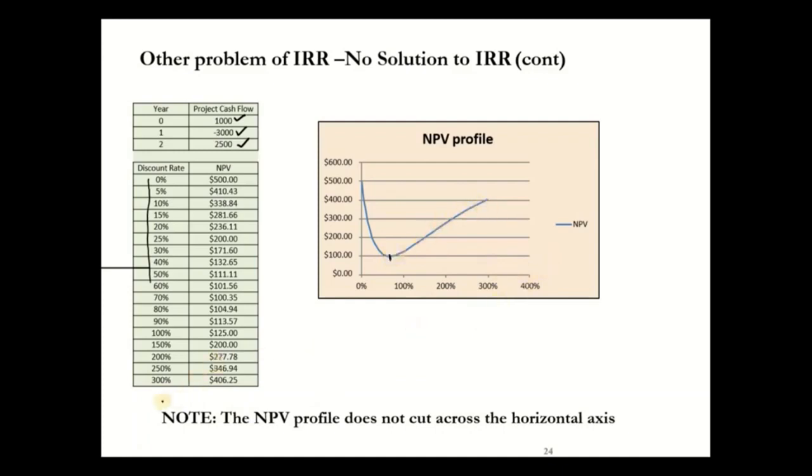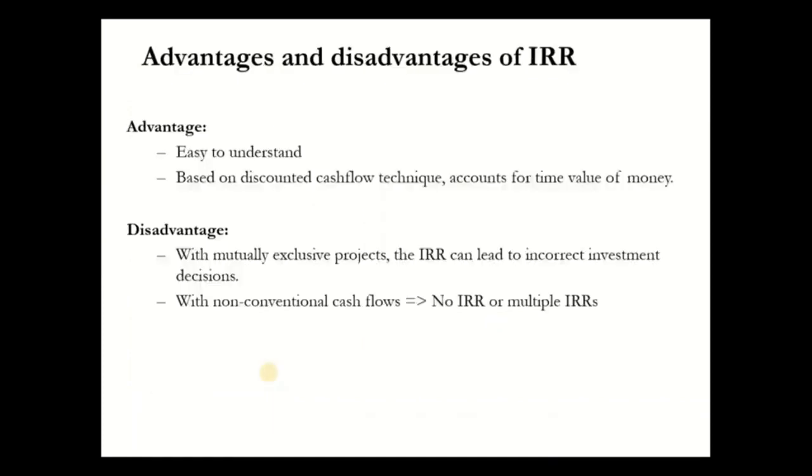So even if you keep increasing your discount rate, you will not reach an NPV equal to 0. After 150 to 200 you can see there is a higher increase in the NPV. If we slightly increase 50%, there is a higher increase in NPV. We cannot reach NPV equal to 0, so we cannot find it.